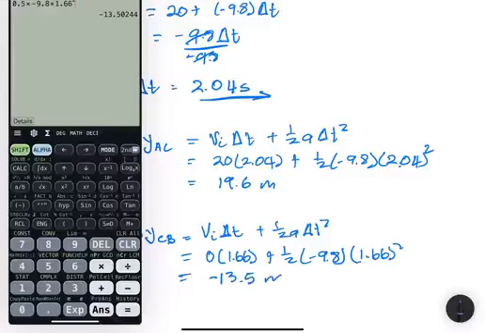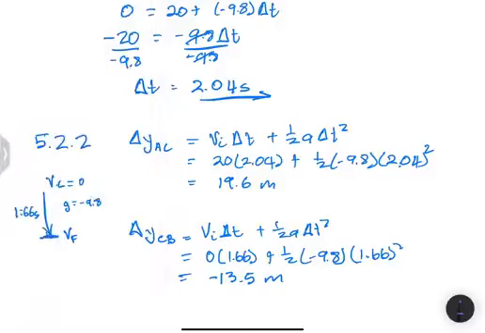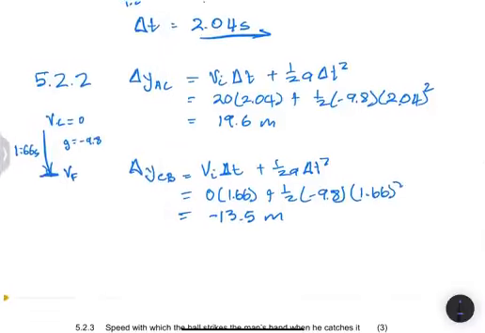13.5 meters. So now, to get the total displacement, remember, in this case, we wanted to find out how far the balcony is. So the height of the balcony would be the sum of those two displacements. So that would be 19.6 plus negative 13.5.